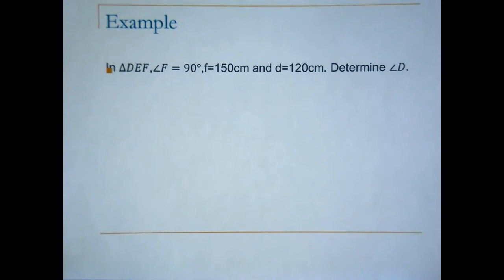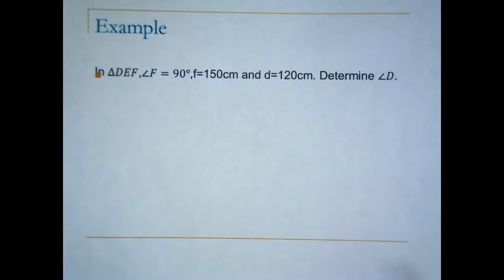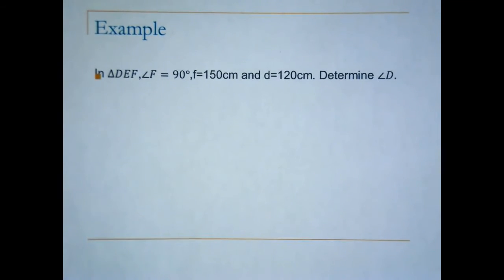Now you have to be ready that sometimes the question is not going to give you the triangle with a shape. It's just going to give you some information, and you have to actually draw it on your own, and then solve the problem using the methods that we just talked about.